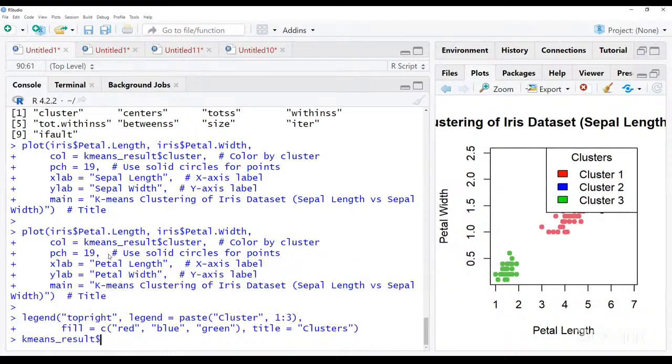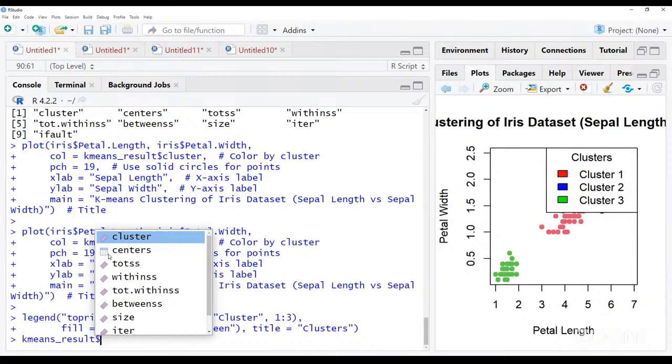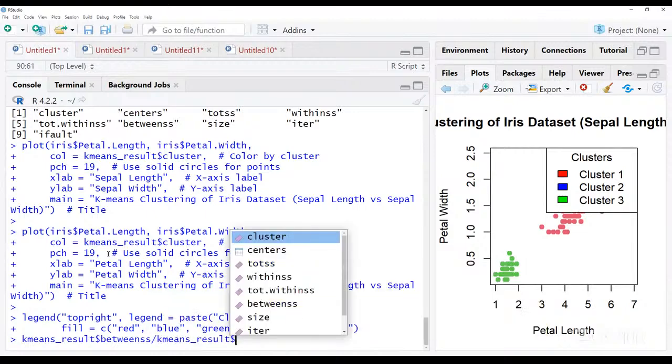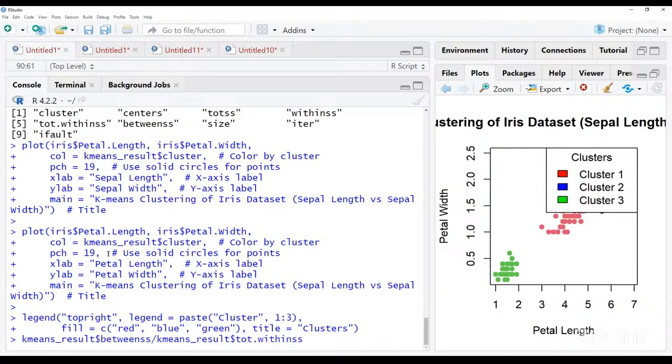dollar betweenness divided by kmeans result dollar total withinness. Enter.